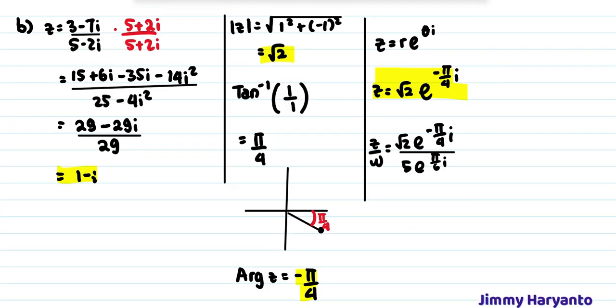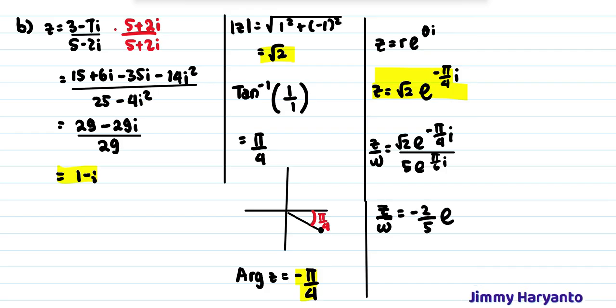Okay, let's divide this. We cannot divide the square root of 2 by the 5, so we just leave it like that. For the powers, we subtract: negative pi over 4 minus pi over 6.